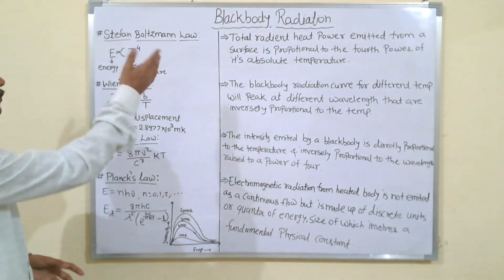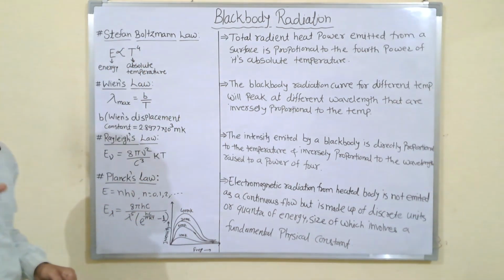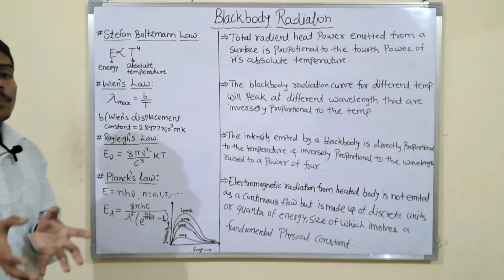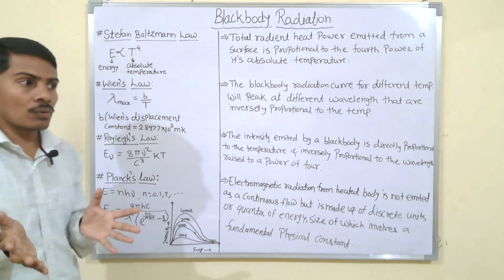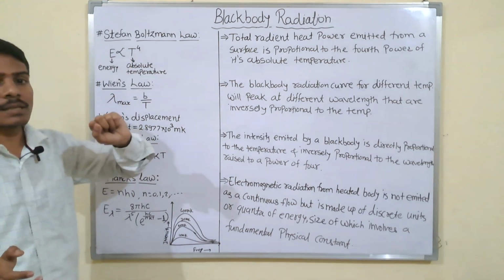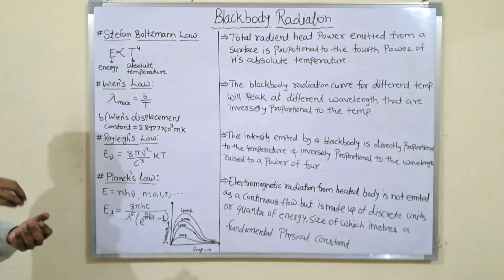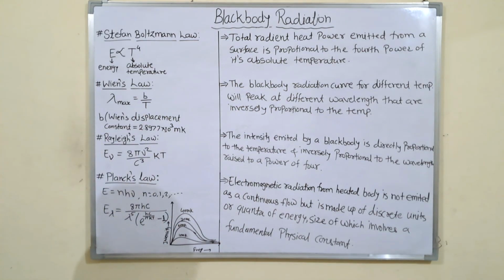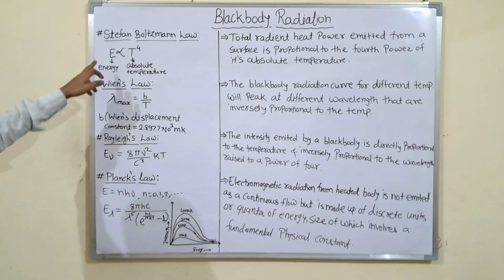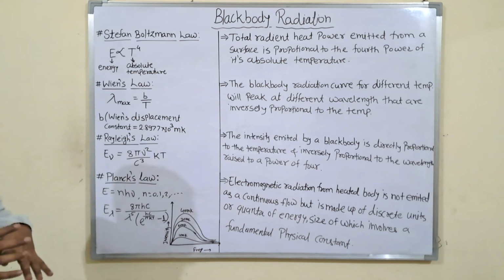The first law is the Stefan-Boltzmann law: E is directly proportional to T to the power 4, where E is the energy and T is the absolute temperature. It states that the total radiated heat power emitted from a surface is proportional to the fourth power of its absolute temperature. Means energy is directly proportional to the fourth power of the absolute temperature.